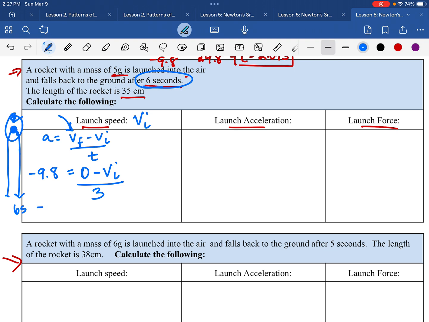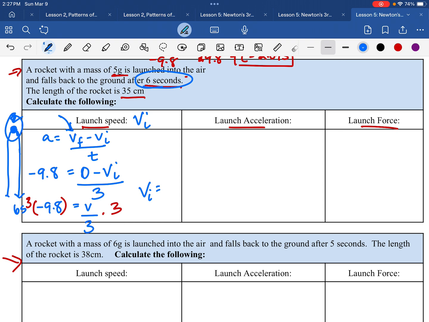So let's solve that. Negative 9.8 equals 0 minus initial velocity, I think I'll just call it v right now, divided by 3. We want to get v by itself, so we're going to multiply both sides by 3. Multiply this by 3. And then we get that v, that launch speed, initial velocity, equals negative 9.8 times 3.